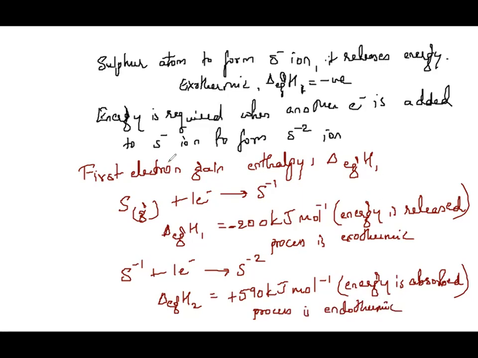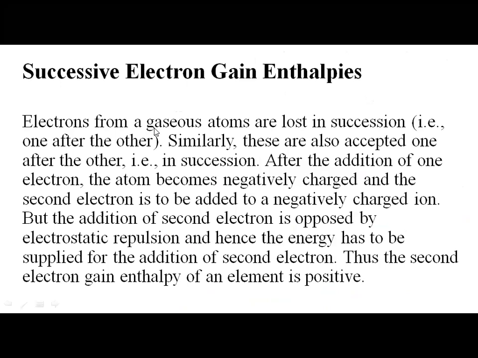Getting it? So this is all about electron gain enthalpy. Just as electrons from gaseous atoms are lost in succession, one after the other, they are also accepted one after the other. After the addition of one electron, the atom becomes negatively charged.